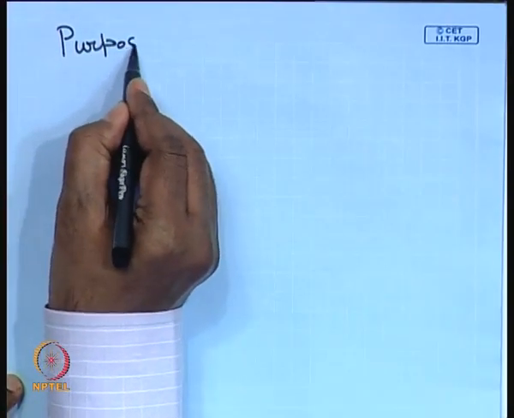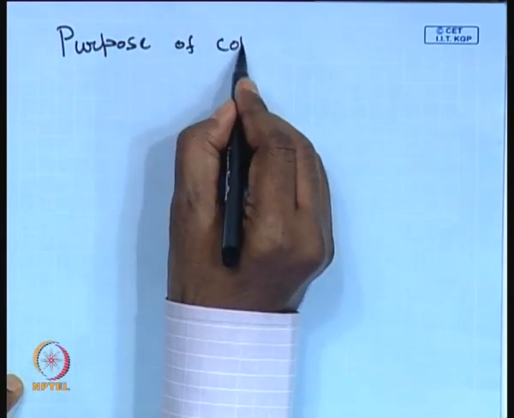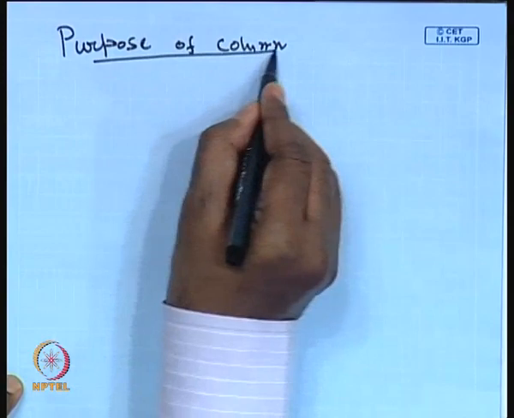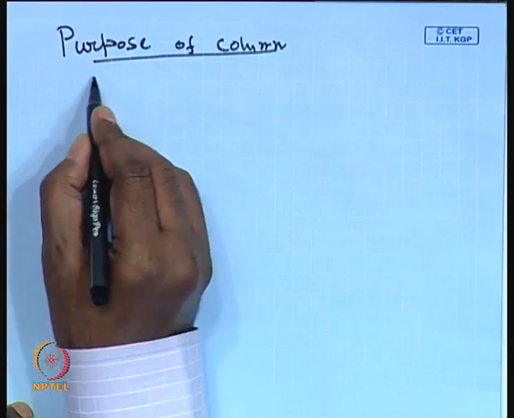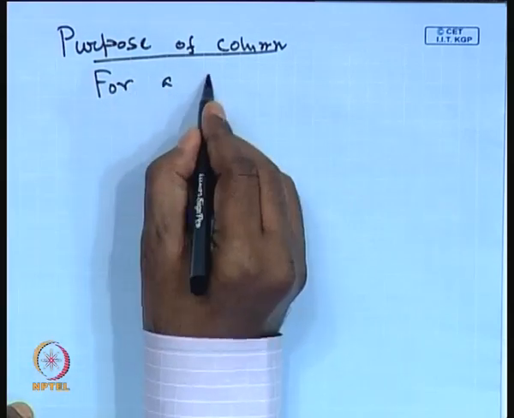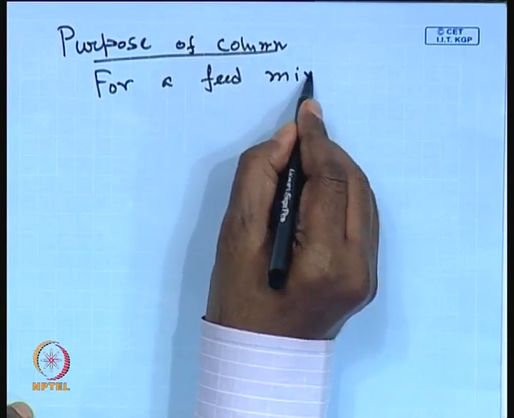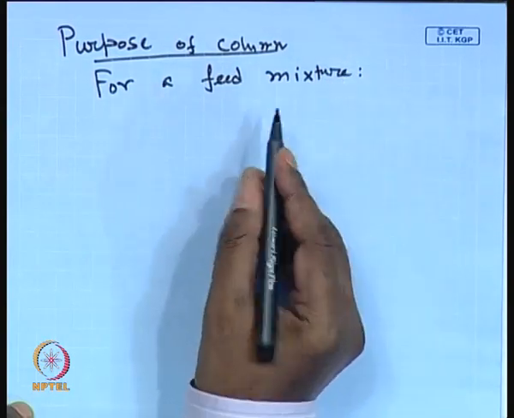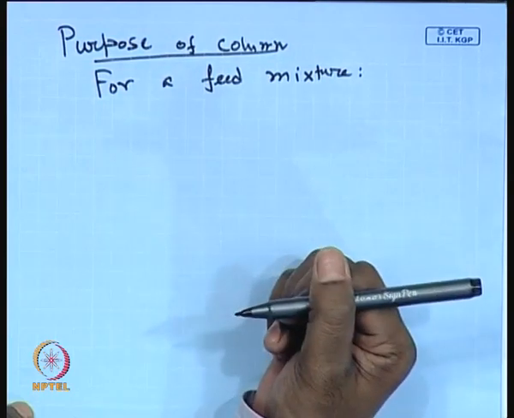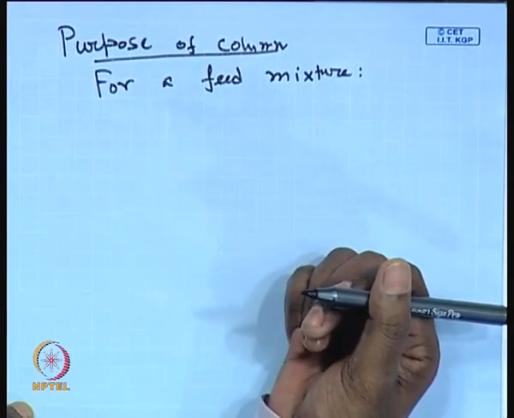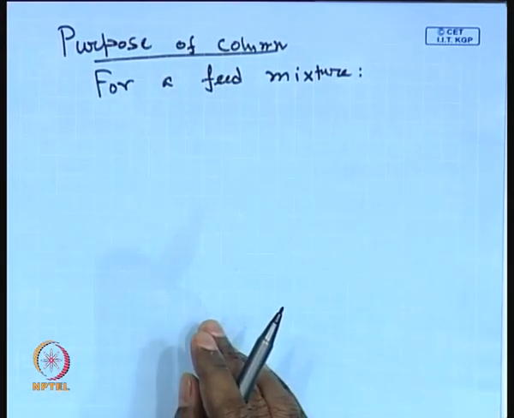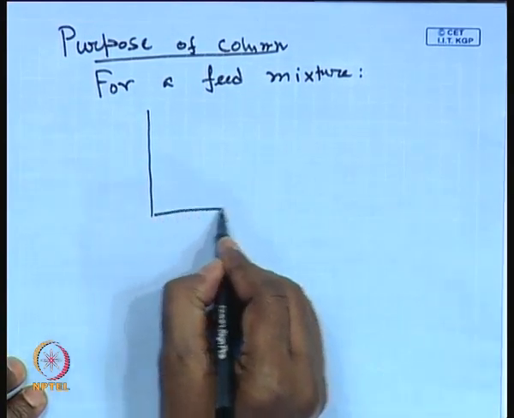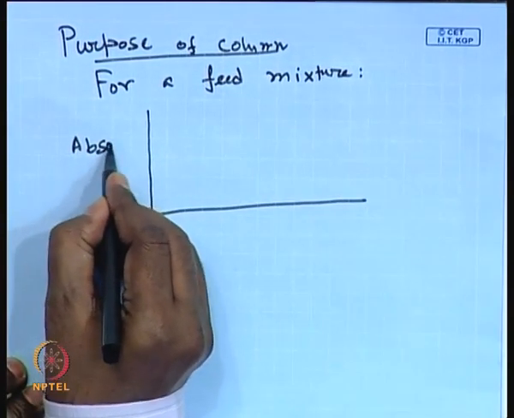Now, let us look into the purpose of the column. Suppose you have a feed mixture, that means a mixture containing different kinds of components. Suppose it contains 4 or 5 components, then you will get 4 or 5 peaks corresponding to each component. The resolution will depend upon how good your column is.